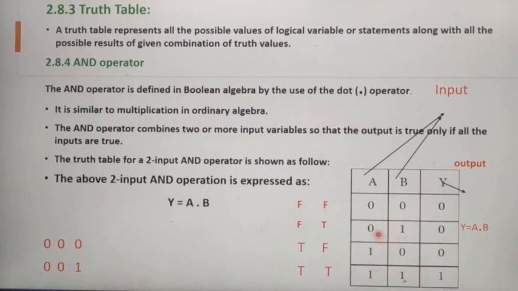Next, first one is false, second one is true, so output is 0. Here third choice, first one is true, second input is false, so output also false. The fourth possibility, both inputs are true, so output is true. Next, the above 2 input AND operation is expressed as Y is equal to A dot B. You have to read it as Y is equal to A AND B.